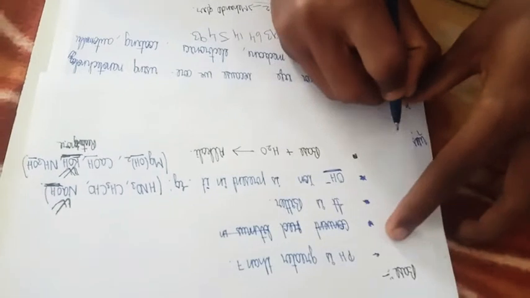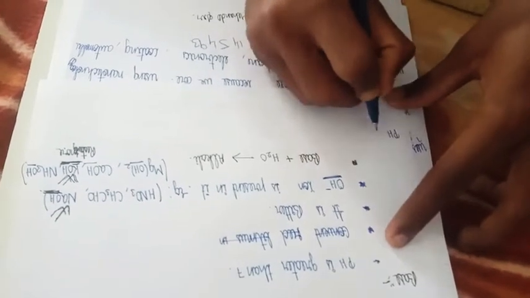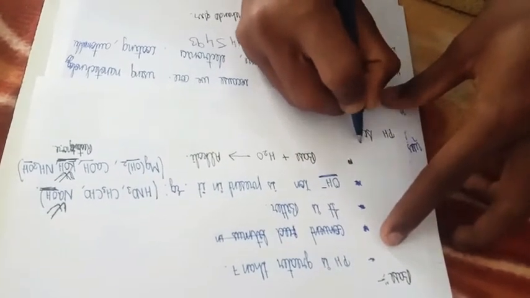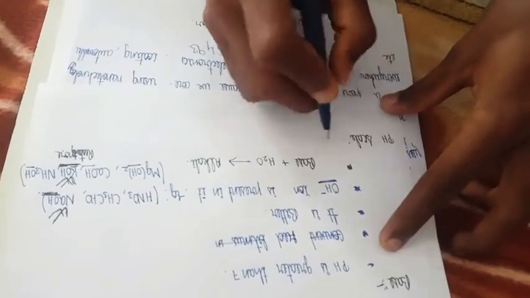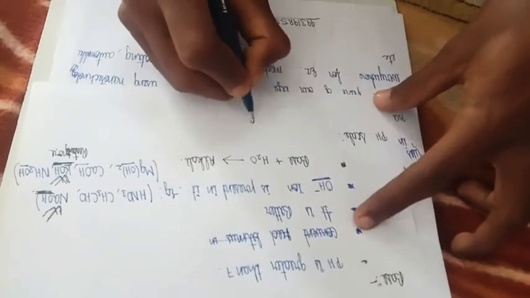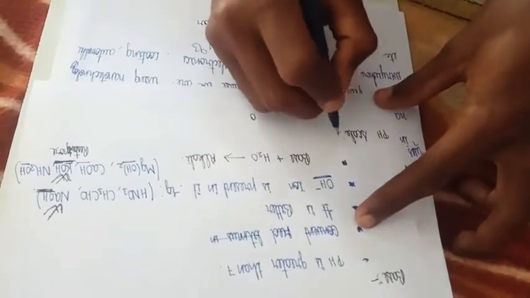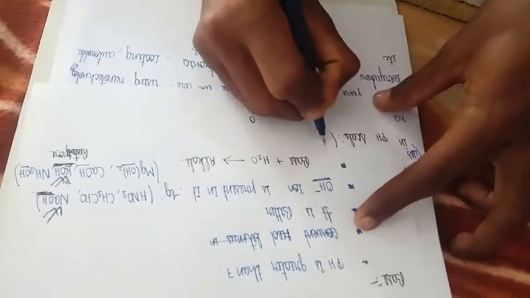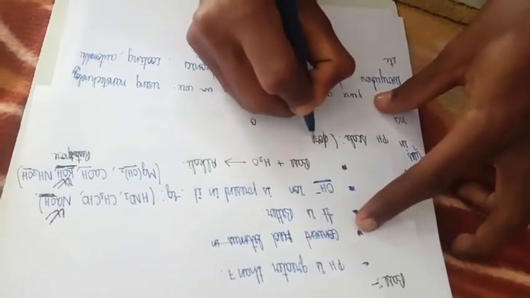Then let's understand the pH scale. What is the pH scale? How to calculate pH, potential of hydrogen? The pH scale was invented by Sorensen.